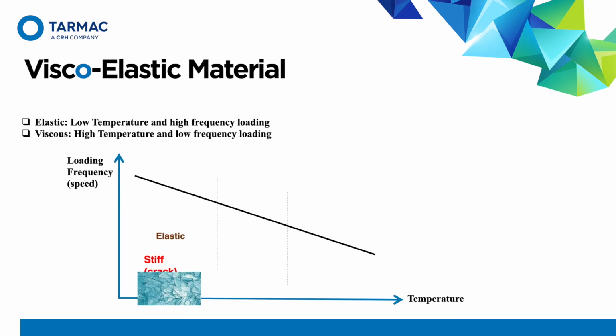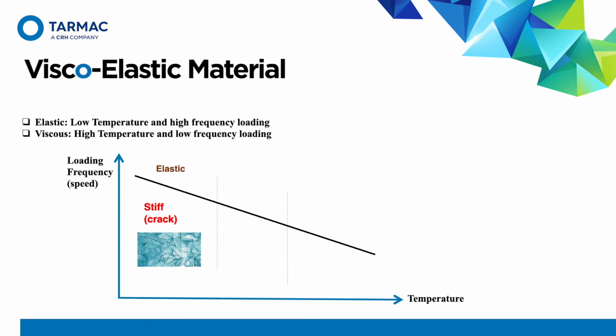In the first region, to the left, where the temperature is very low and the frequency is very high, the material becomes very stiff, something like glass, which is more susceptible to cracking.